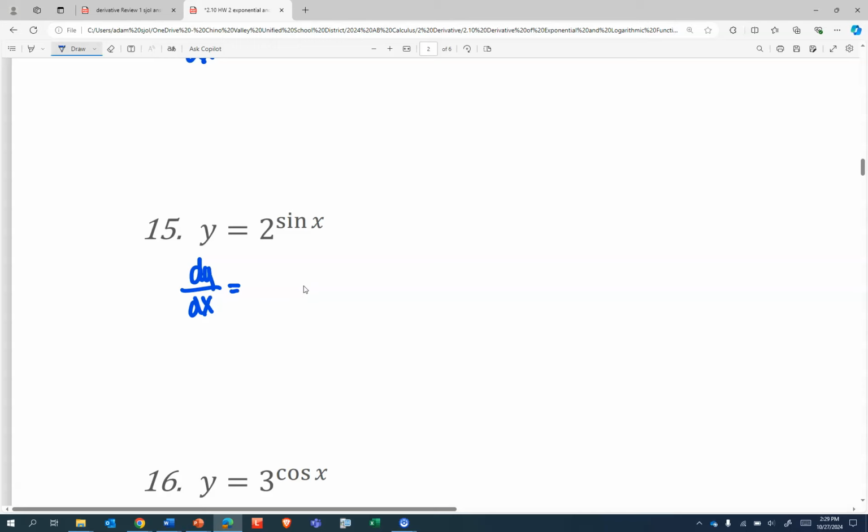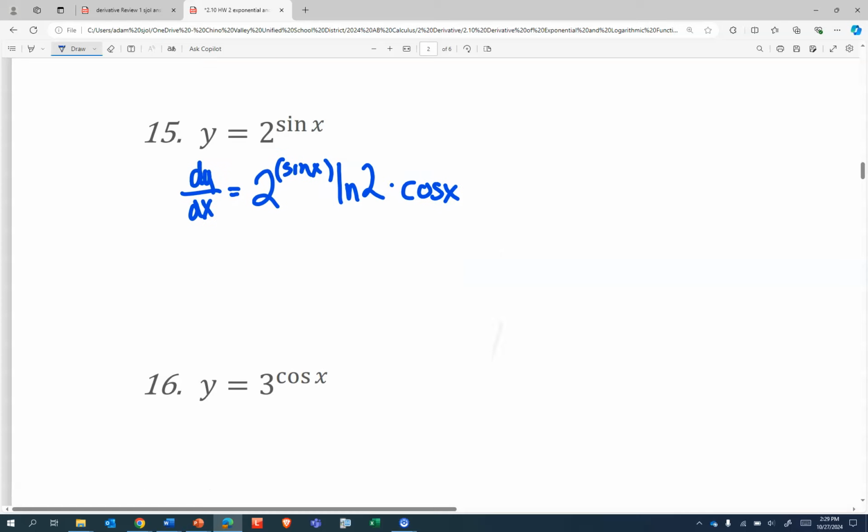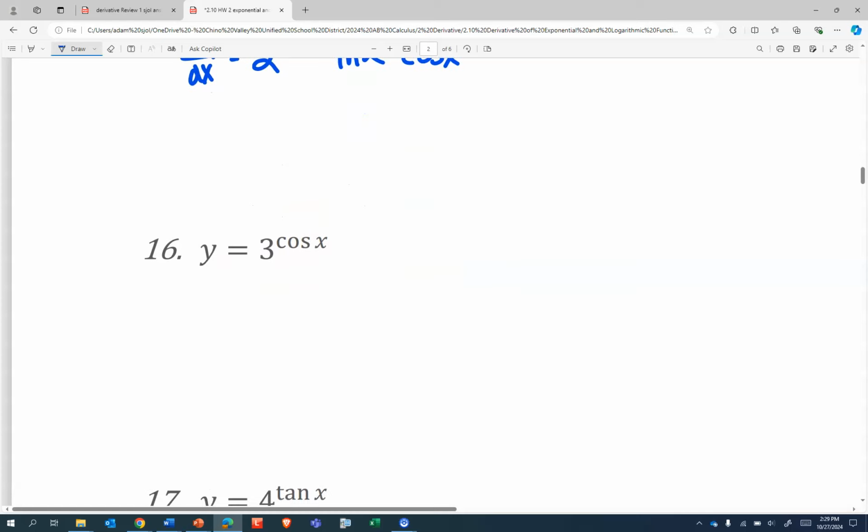Okay, now chain rule on 2 to the power. The derivative of 2 to a power is 2 to the power natural log of 2. That power is sine of x, so chain rule times cosine of x. That's probably good enough. The derivative of 3 to a power is going to be 3 to that power natural log of 3 times the derivative of that power.